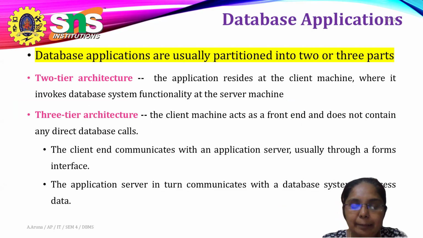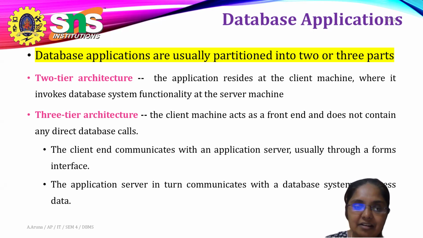Nowadays we are using database applications, which have a front end and a back end. Through API, we are mostly connected to our database. Here we have two types of architecture: a two-tier architecture and a three-tier architecture. In a two-tier architecture, the application resides at the client machine, where it invokes database functionality at the server machine. In a three-tier architecture, the client machine acts as a front end and does not contain direct database calls. The client end communicates with the application server, usually through forms interfaces.